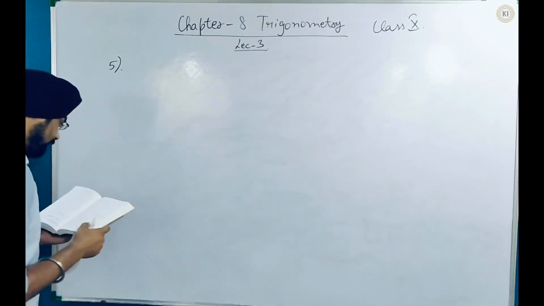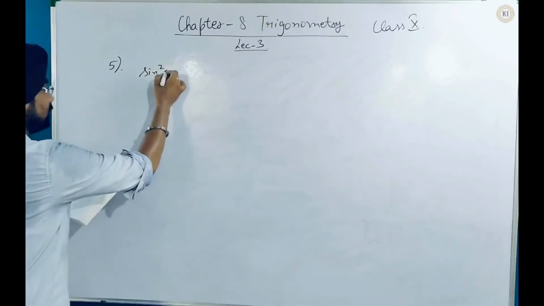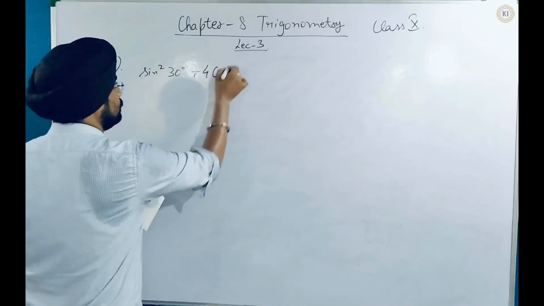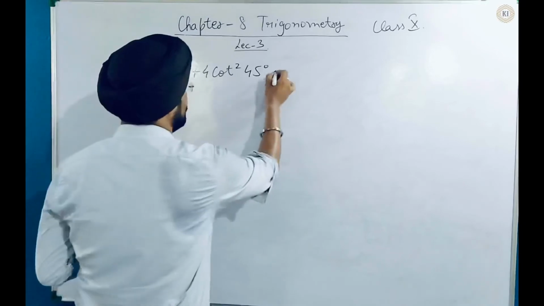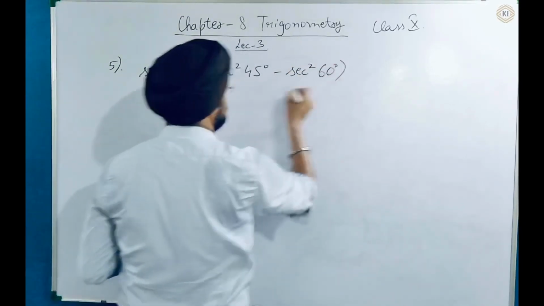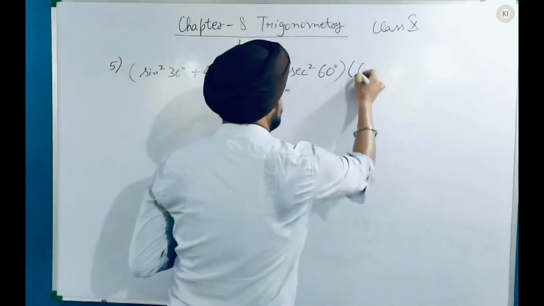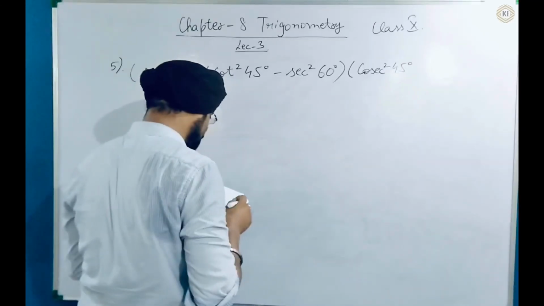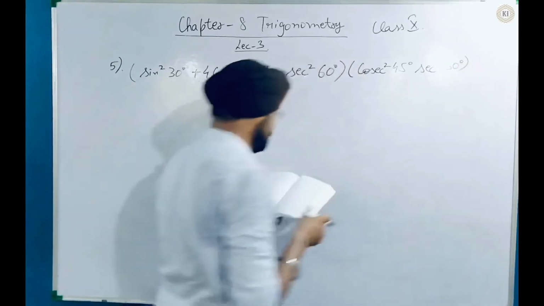So question number 5 here is sine square 30 degrees plus 4 cot square 45 degrees minus, another bracket, sec square 60 degrees, another bracket is cosec square 45 degrees, sec square 30 degrees.